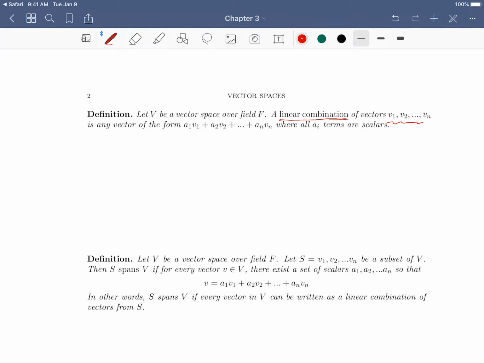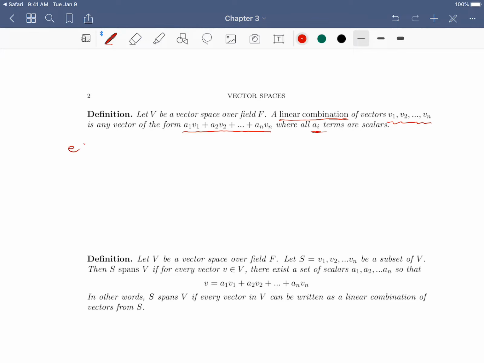So we have vectors v1 to vn. A linear combination of those vectors is just something of this form, where we're taking any scalars, the a_i are scalars, times a vector, adding those things together. So that's called a linear combination.